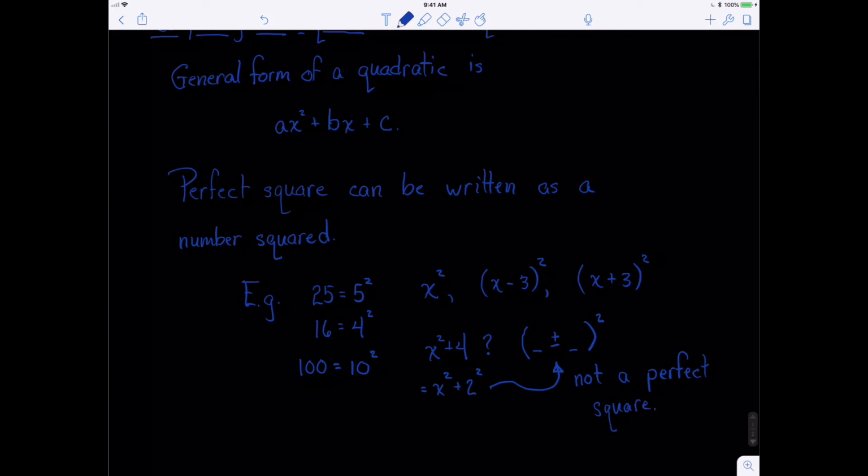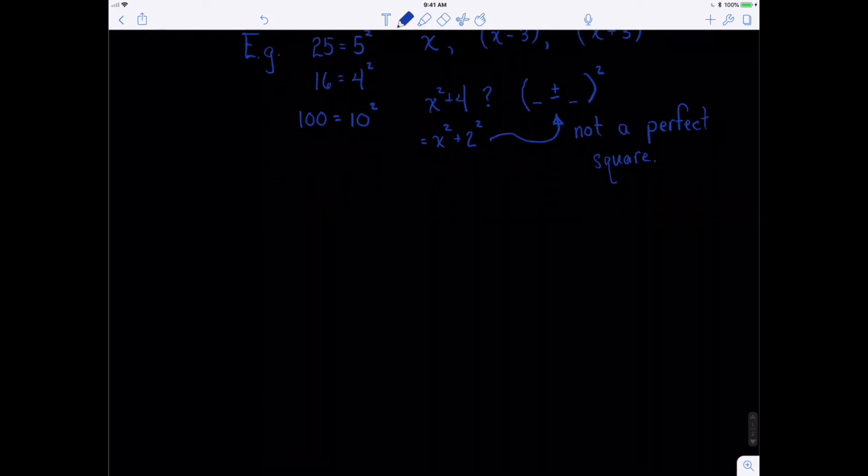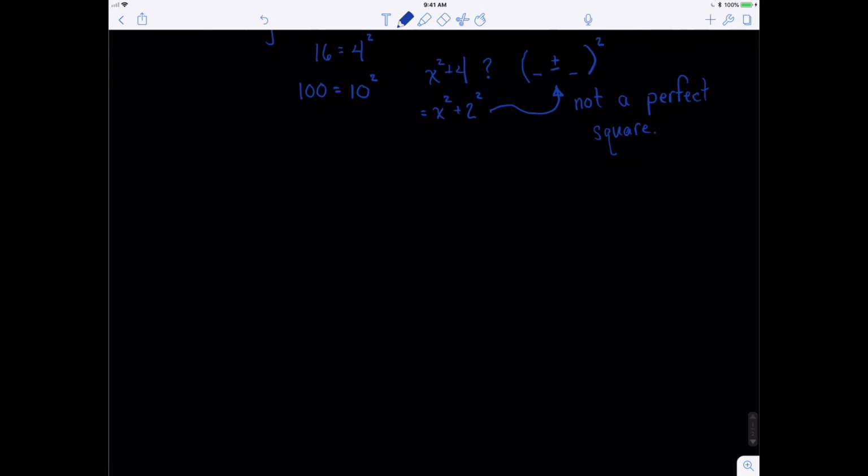Okay, now let's see what happens when you have a perfect square. Say I have the perfect square of x minus 3 squared. We're going to walk through this. Remember, this means x minus 3 times x minus 3. We've done this before.